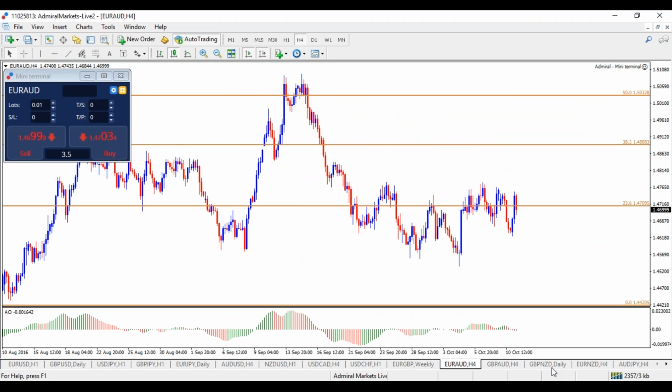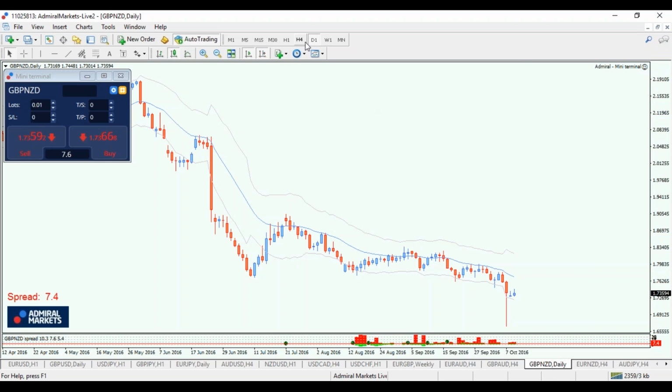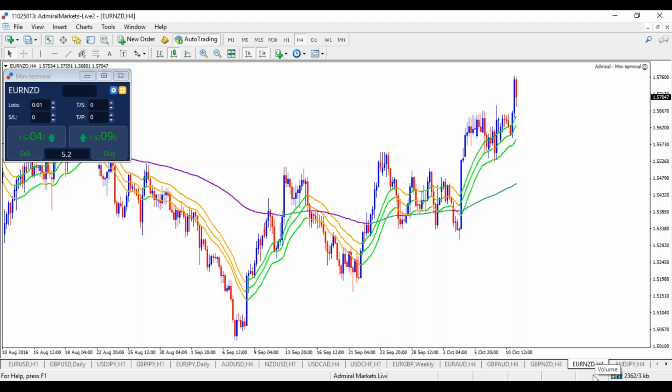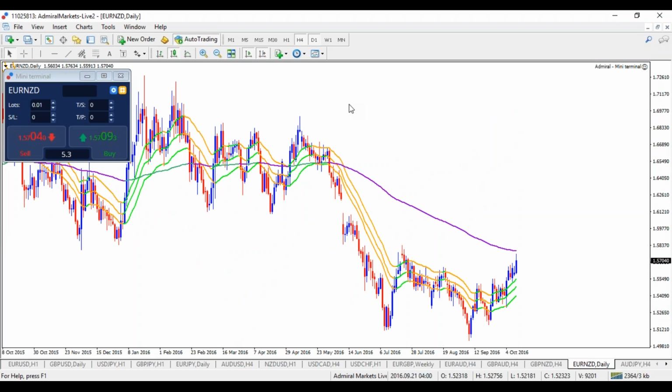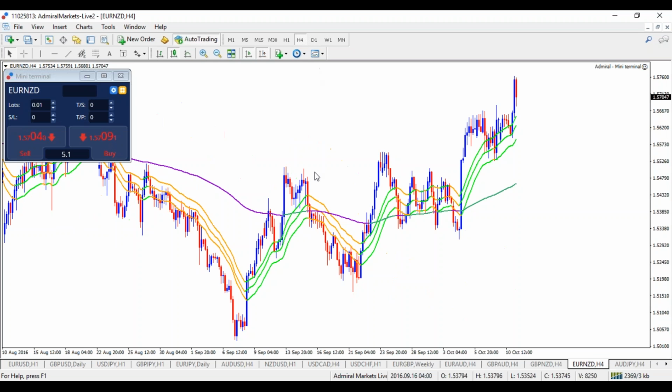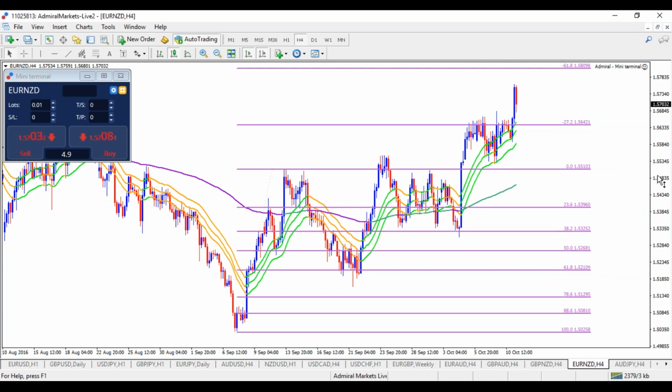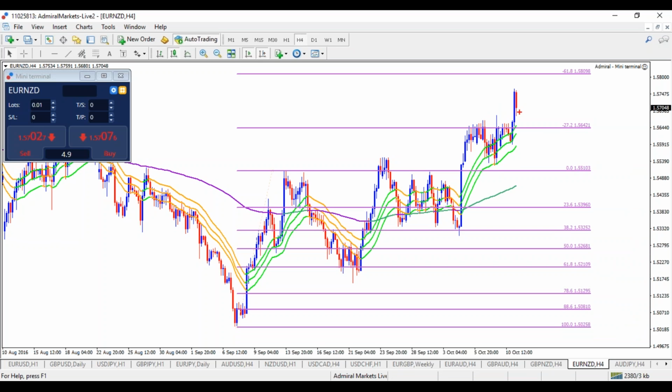Euro odd doesn't. Pound New Zealand doesn't. Euro New Zealand might be completing its zigzag, but it still has some space left. 158. So there's a strong bullish candle, so I don't think that's finished yet. There could be just a small push up here, but then I would expect the zigzag to complete at this moment.